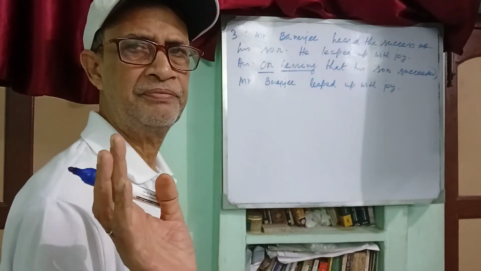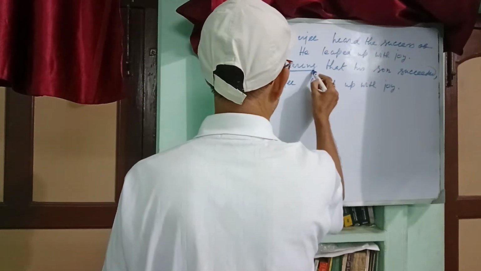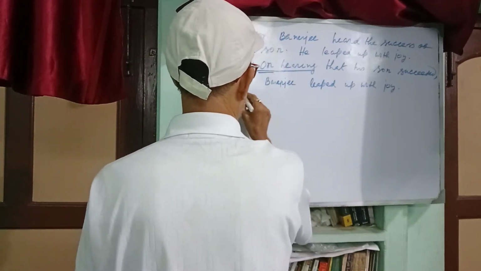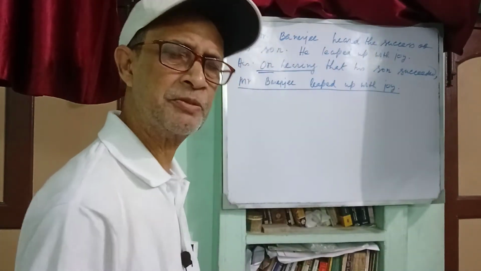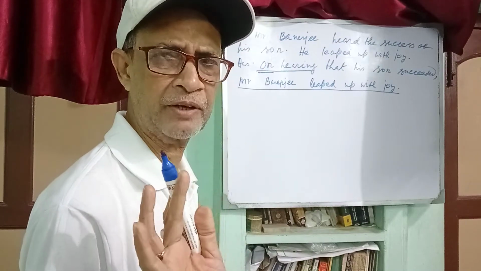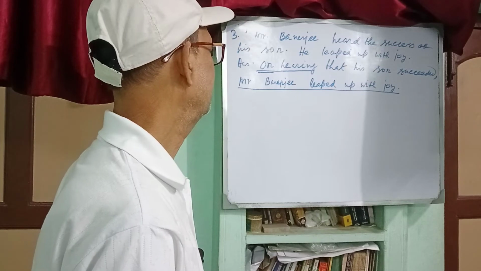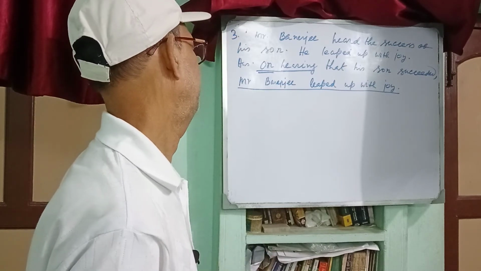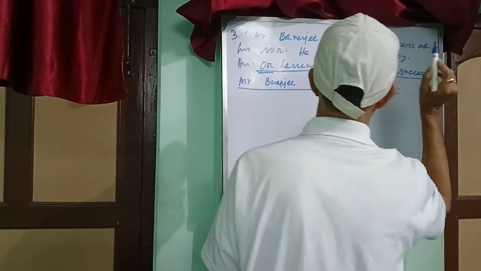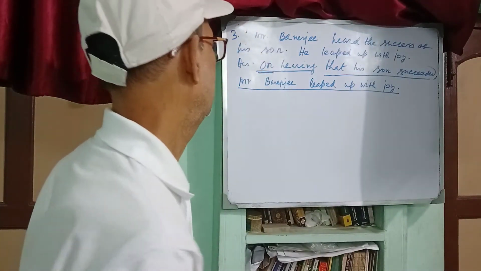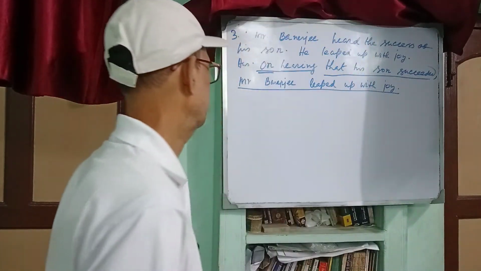Now let us analyze the sentence. On hearing, Mr. Banerjee leaped up with joy: undoubtedly a principal clause. That his son succeeded: subordinate noun clause.